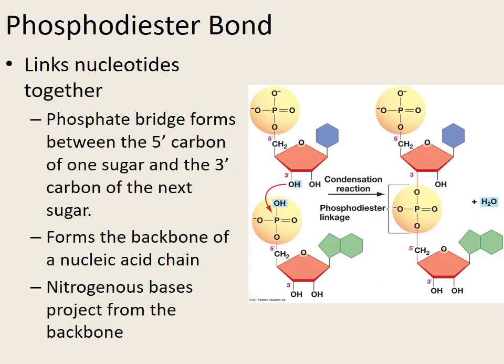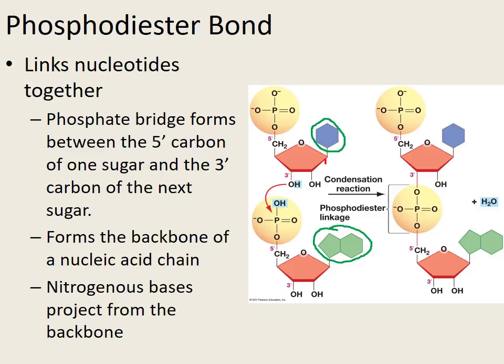The phosphodiester bond. Taking a look here at the phosphodiester bond. It's the reaction between one nucleotide and the other nucleotide. Now taking a look here, we can label these carbons on this sugar molecule. Notice we have the nitrogenous base, and that can be one of 4. Now we can label the carbons.